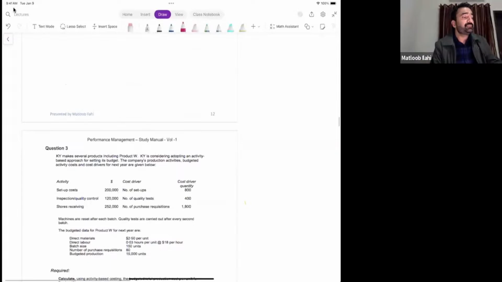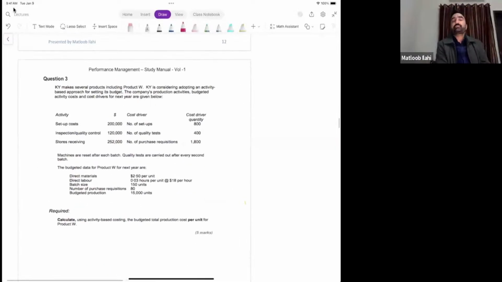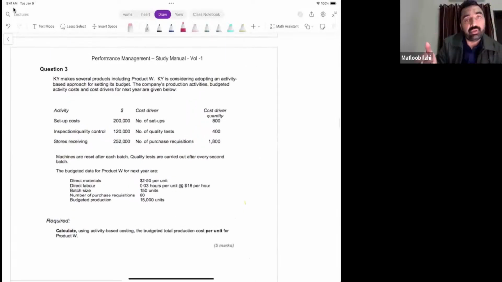So here is the example, question 3. KY makes several products, including product W. KY is considering adopting an activity-based approach for setting its budget. The company's production activities, budgeted activity cost, and cost drivers for next year are given below. You can see here the data table is different in the way the data is provided.